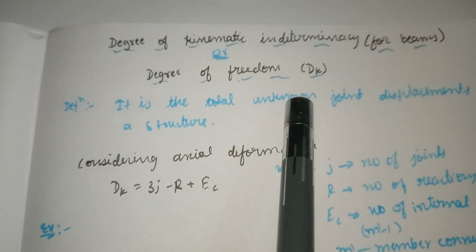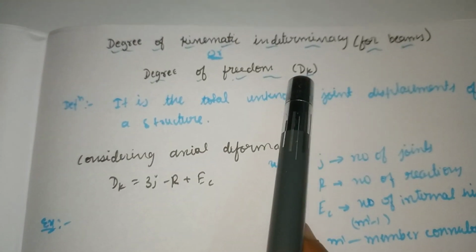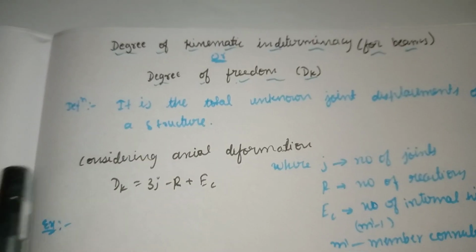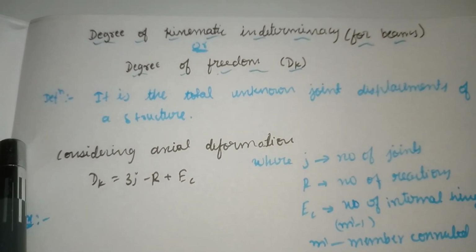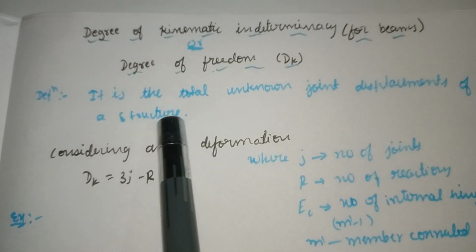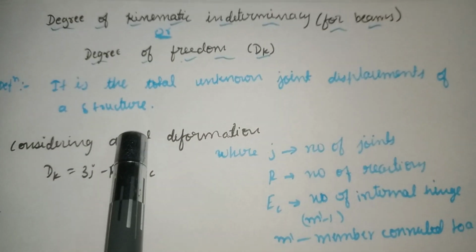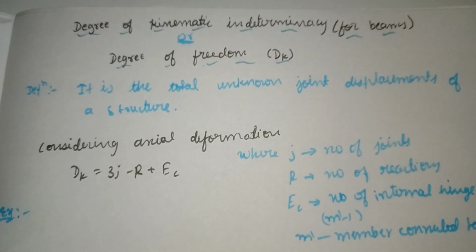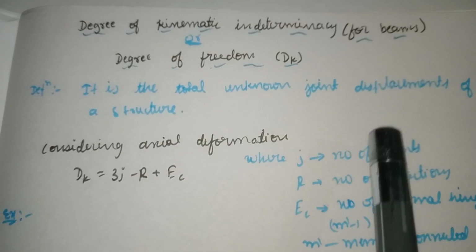It is denoted as Dk, where k is kinematic and D is degree of indeterminacy. So what do we mean by degree of freedom? It is the total unknown joint displacement of a structure. It is called degree of freedom. Now in this video we will see the degree of freedom for beams.